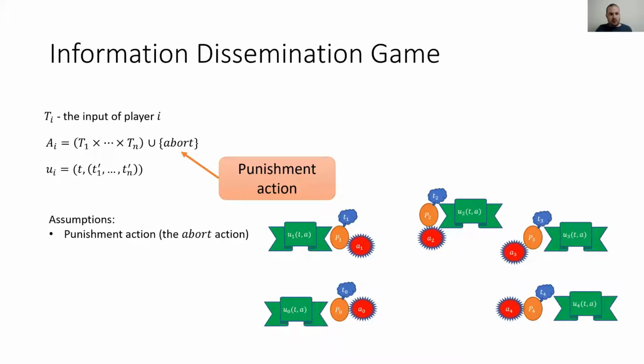Our assumption is that the punishment action exists and it will give the minimal payoff to all the players if one player takes it. All the players have incentive to say their truthful type a priori. And when they learned all the information, they have incentive to tell the true information they learned.